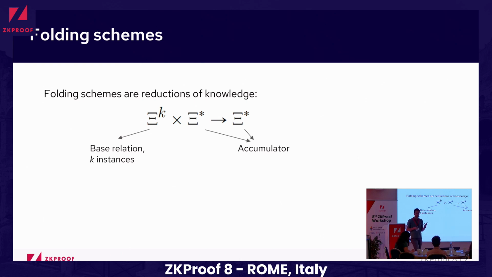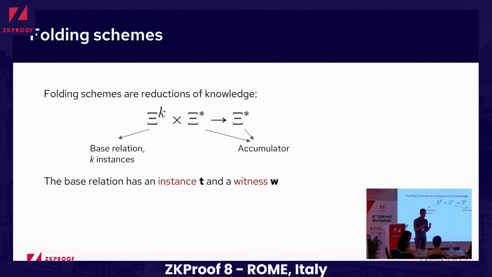And then we have a special relation, which is the accumulator. The accumulator goes over and over throughout multiple rounds of folding. So taking a base relation and an accumulator, we can put them all together into a new accumulator. Essentially, the base relation has an instance, which is known to both the verifier and the prover, and a witness, which is only known to the prover.